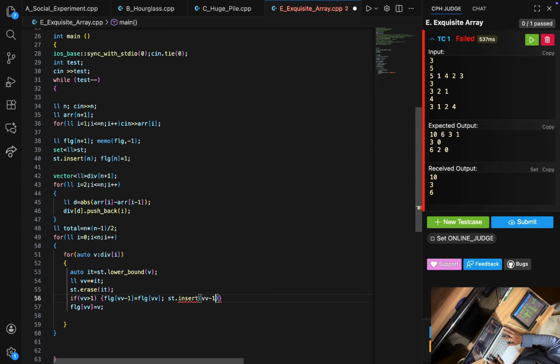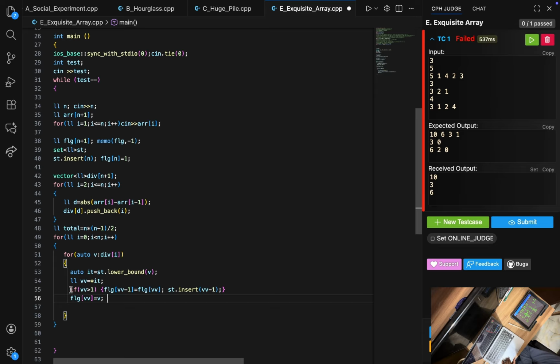Also insert vv minus 1. Actually, I don't have to erase that. So the range is divided into two.